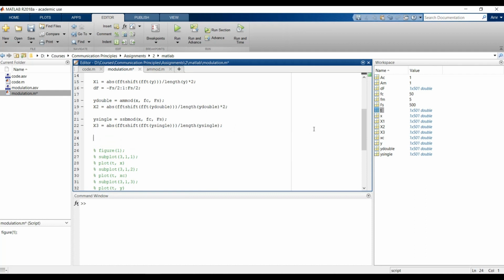We can do that using the following. Let's call this YFM. We can actually use the formula here.